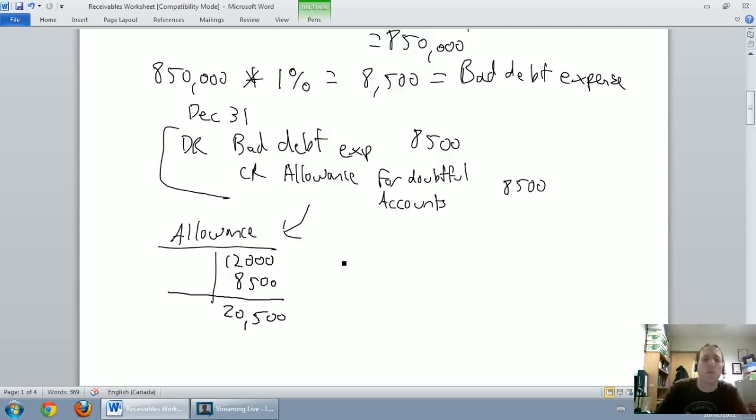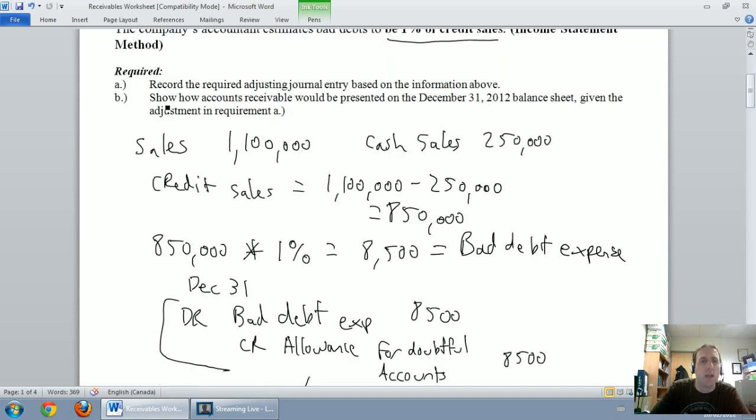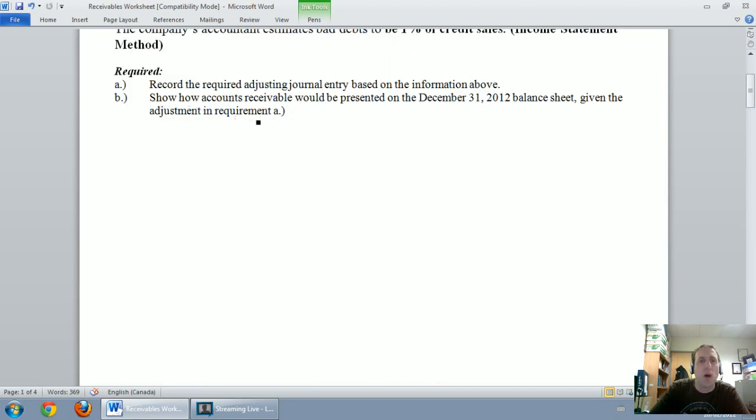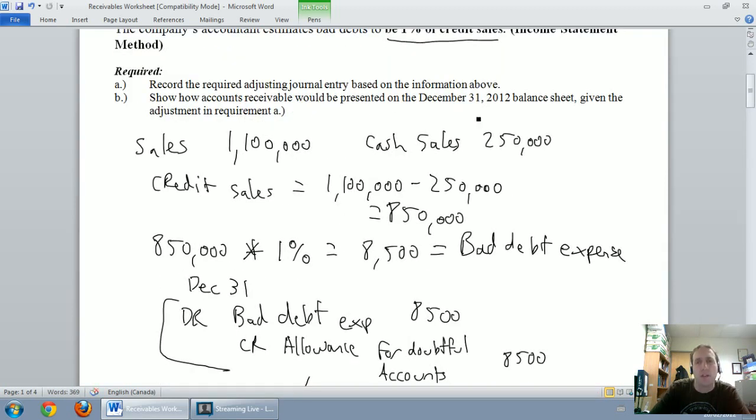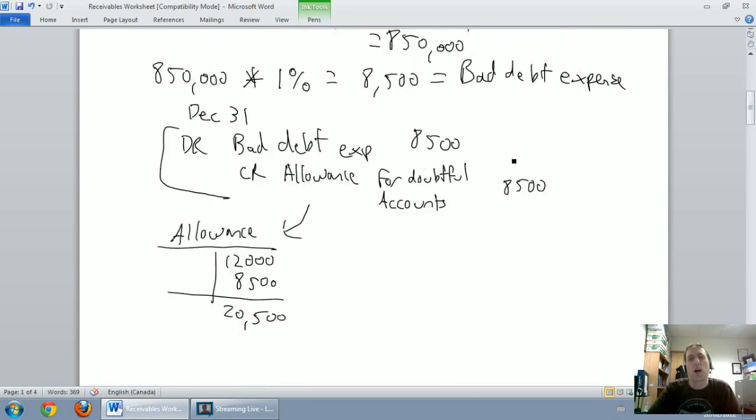Beautiful. Now, I actually should have explained the second part of the question that says, show how accounts receivable would be presented on the December 31st, 2012 balance sheet, given the adjustment in requirement A. Well, what receivables look like on a balance sheet is a little bit like what a long-term or capital asset looks like.